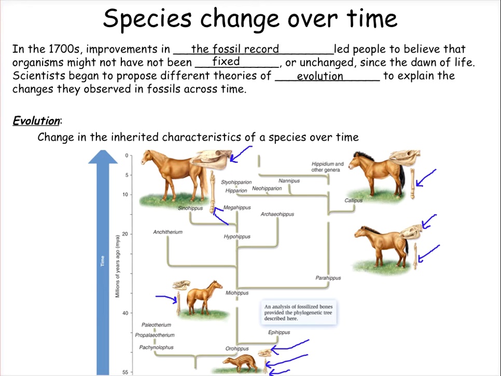So all of these changes inherited generation after generation over a long period of time result in evolution. And from our first ancient species here, we get something close to our modern horse.